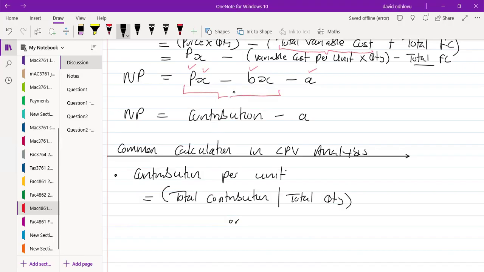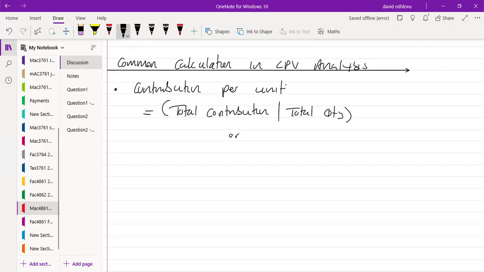Or we can simply calculate this contribution per unit by simply saying selling price per unit less variable cost per unit.